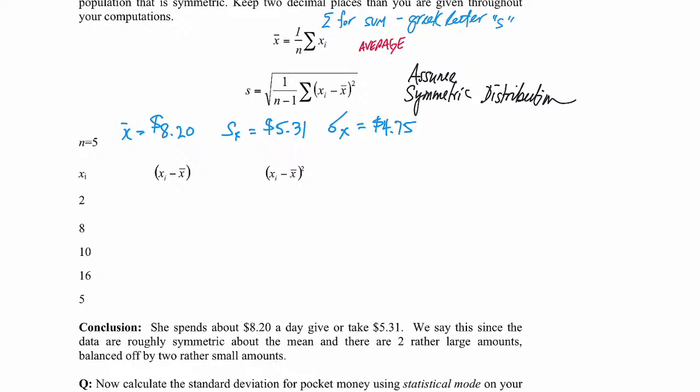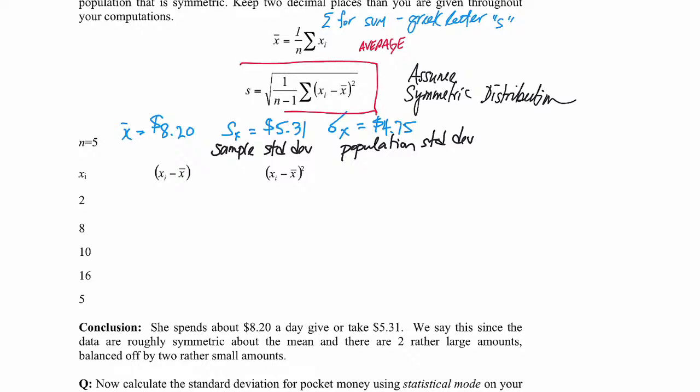So this one is called the sample standard deviation, and this one is called the population standard deviation. Let's look at the formula. Actually, I'll make it in a different color.